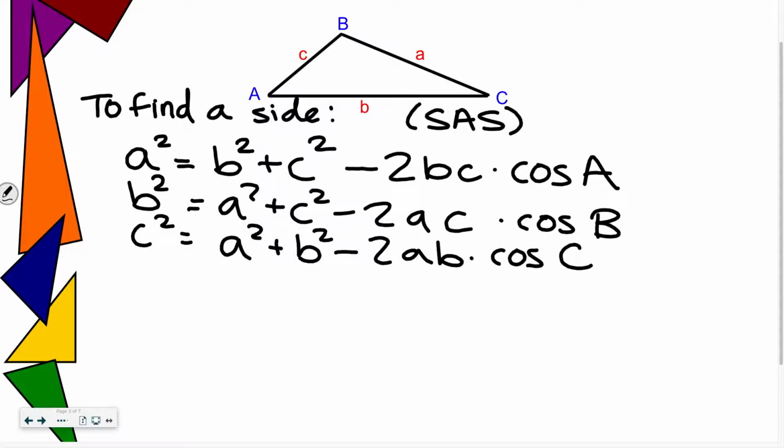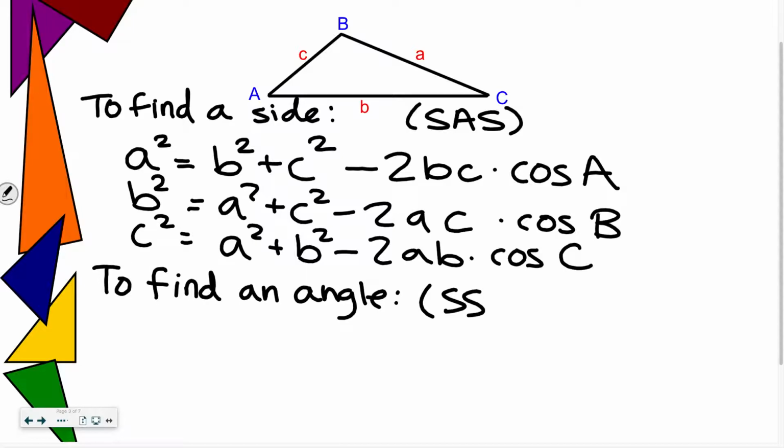So what if I knew all three sides of a non-right triangle? How would I be able to find the three angles? Okay. So to find an angle, this is going to be our side, side, side version.